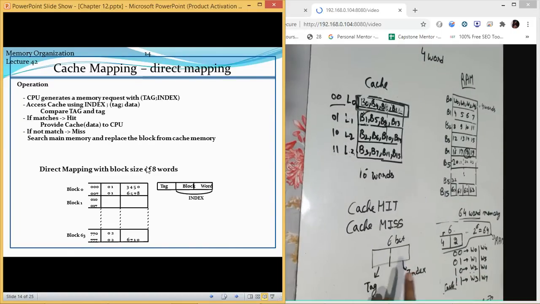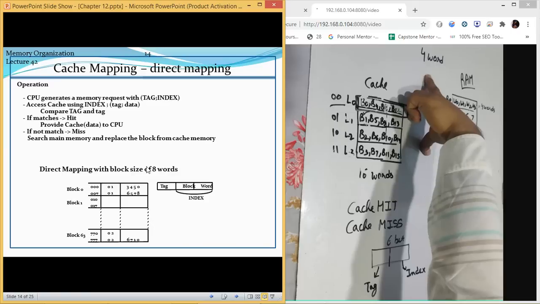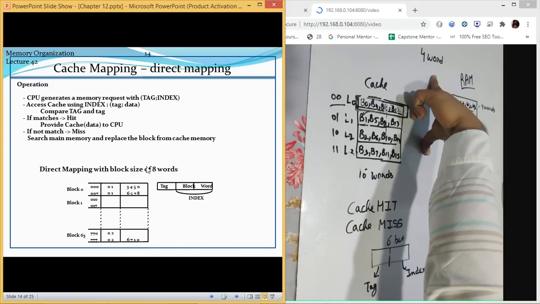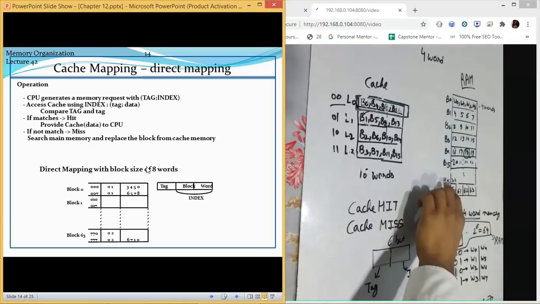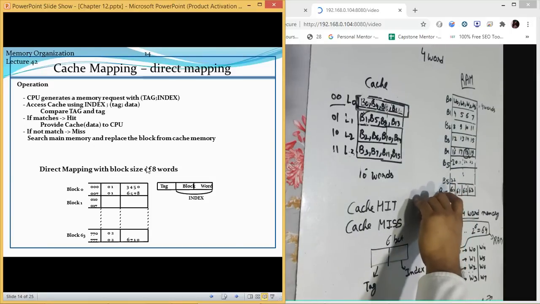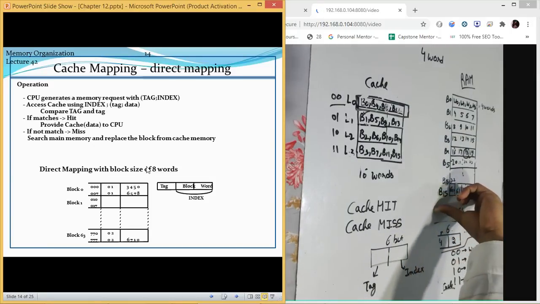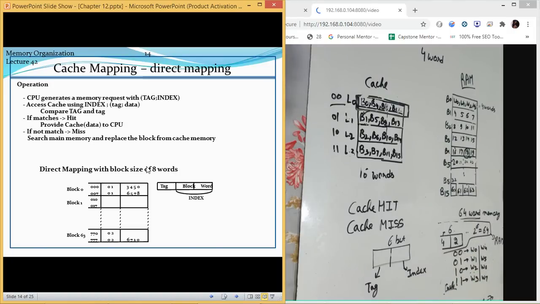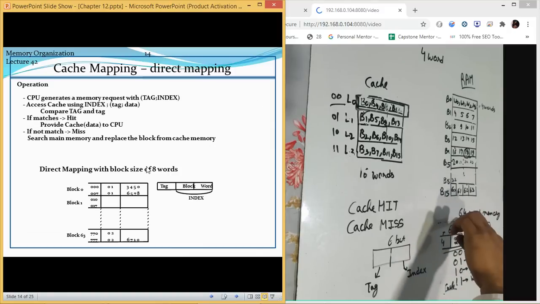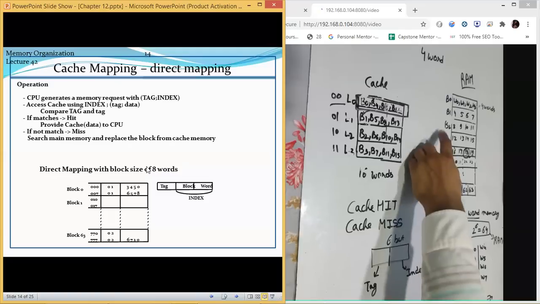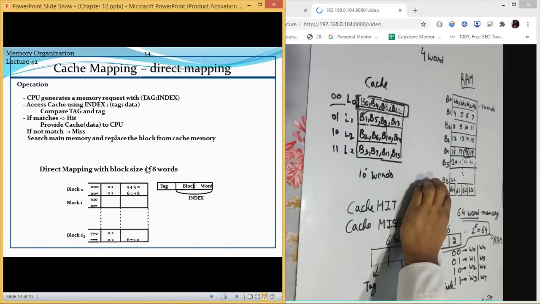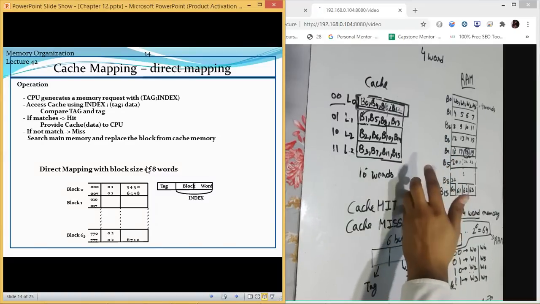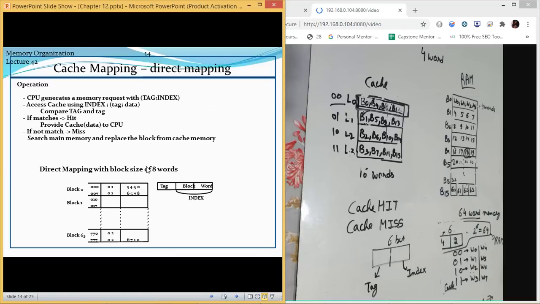These things depend upon the number of words inside one block. If one block contains 8 words, then 64 would have been divided by 8. If it is divided by 8, the maximum number of blocks could have been 8 only, because 64 divided by 8 is 8.